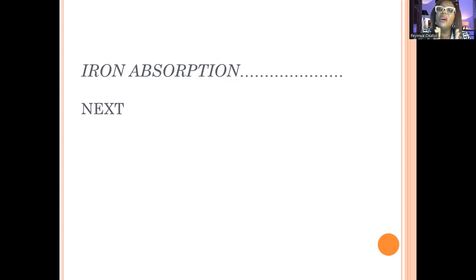I also said that infants, children, pregnant women and young girls need more iron in their diet so that they'll be able to absorb the minimal daily requirement they need to produce what? Hemoglobin. While men and postmenopausal women need less iron.